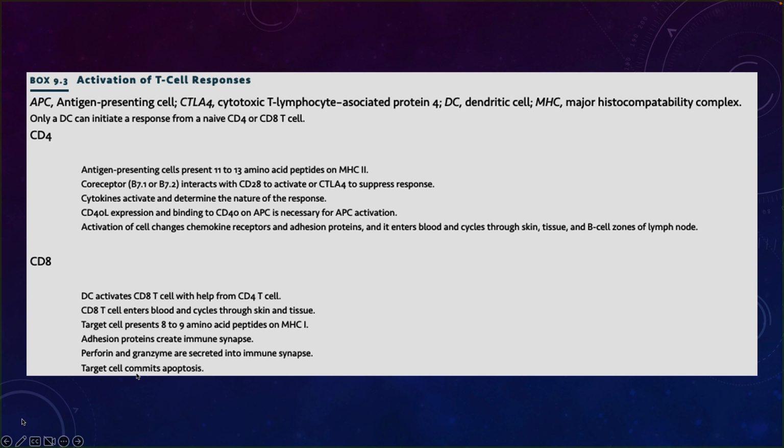And the reason for this is because presentation through MHC class 1 most often means that there's an intracellular issue. We are in a medical microbiology class, so we're talking about an intracellular infection, most often a viral infection. But we could also be talking about something like transformation into a cancerous cell, which leads to the presentation of altered antigens that don't look normal. So the immune system can also trigger those cells to undergo apoptosis.